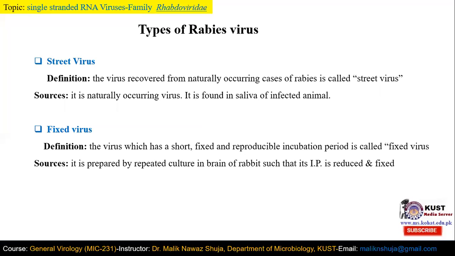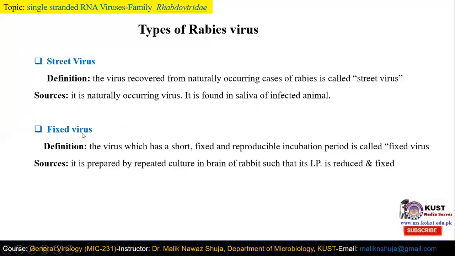Many foxes and jaguars have also been a natural source of this virus and can be infected. So the virus recovered from naturally occurring cases of rabies is called street virus, and it is found in the saliva of infected animals.